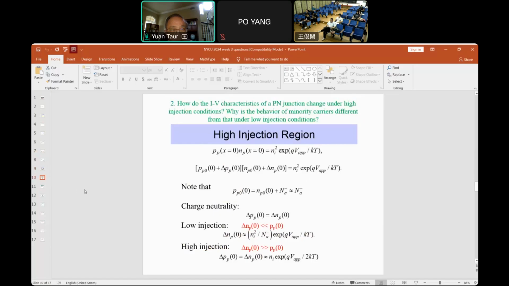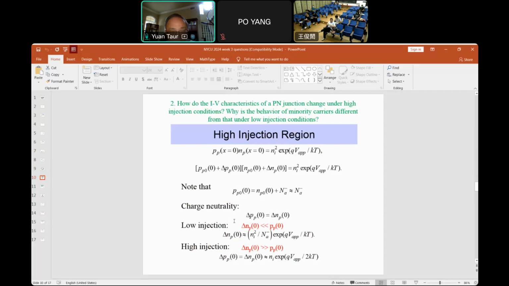Okay, next. So now the next few questions are PN junctions. High injection. This chart covered the high injection case, and the key is charge neutrality requires that the charge of positive and negative must be the same.